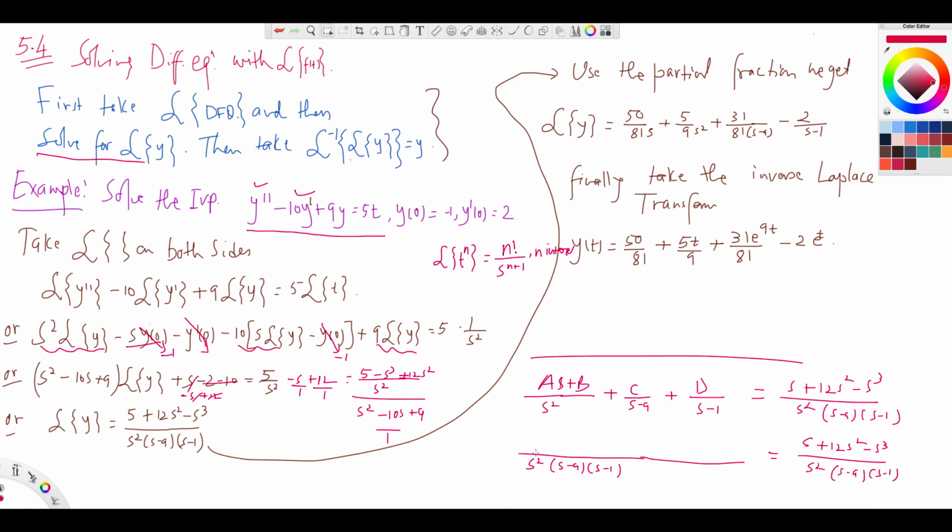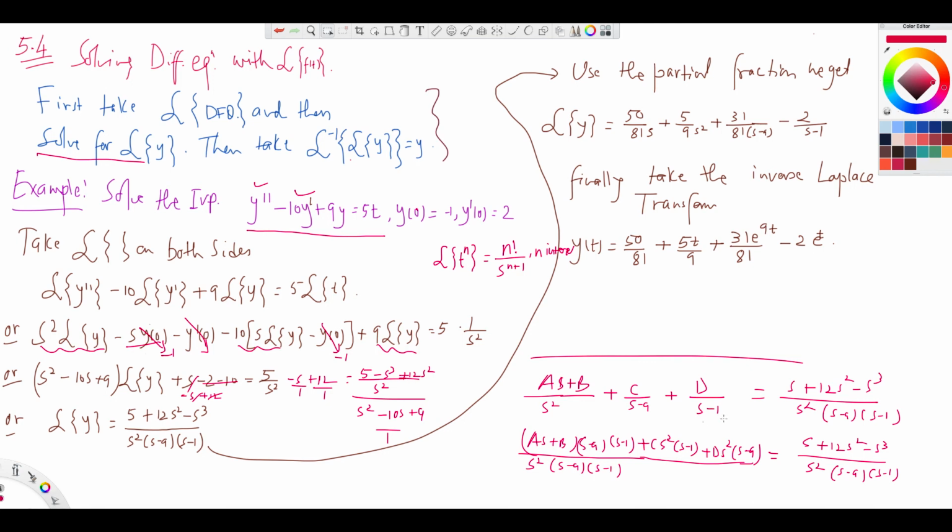Now as plus b times, if you divide this by s squared, the s squared and s squared cancel out. What is left is s minus 9 and then s minus 1, plus c times, divide the denominator by that denominator, what is left is s squared times s minus 1, and then plus d times s squared times s minus 9, exactly the same way.